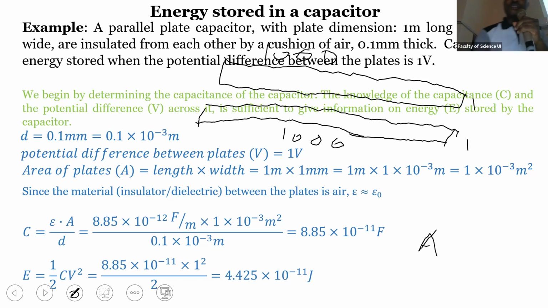The information continues to tell us that they are insulated from each other by a cushion of air. The distance of separation between them is 0.1 millimeter, so D is equal to 0.1 times 10 to the minus 3 meter.